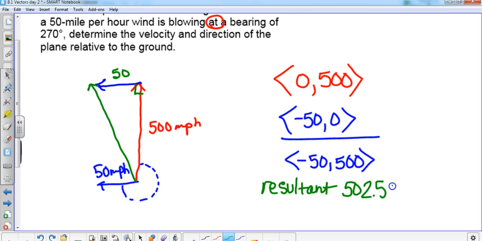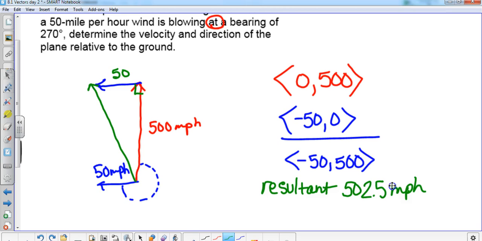Okay. Miles per hour. Why is it not that much over or less than 500? Anybody describe that in real terms here? It's only 1/10 of the speed of the plane, but it's also totally a crosswind, right?